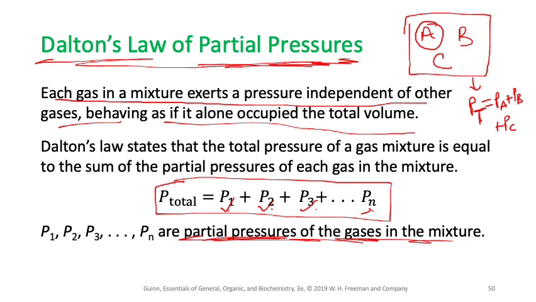If we know the partial pressure of the individual gases, we can get the total pressure of the container. Or if the total pressure is already given, and out of the three gases present the pressures of two are given, we can get the pressure of the third gas, right? So we can solve multiple problems based on this Dalton law of partial pressure.